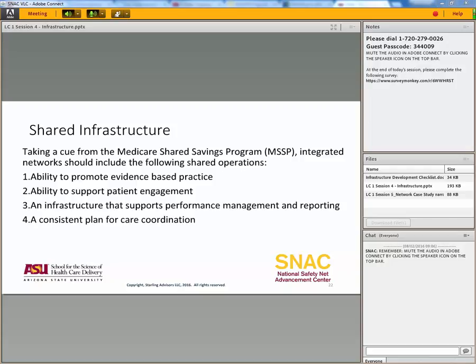Supporting performance management and reporting could involve a sophisticated centralized IT system to do this work, or could simply mean having a shared analytics person or informaticist who goes out to each of the organizations and works with them hand in hand.